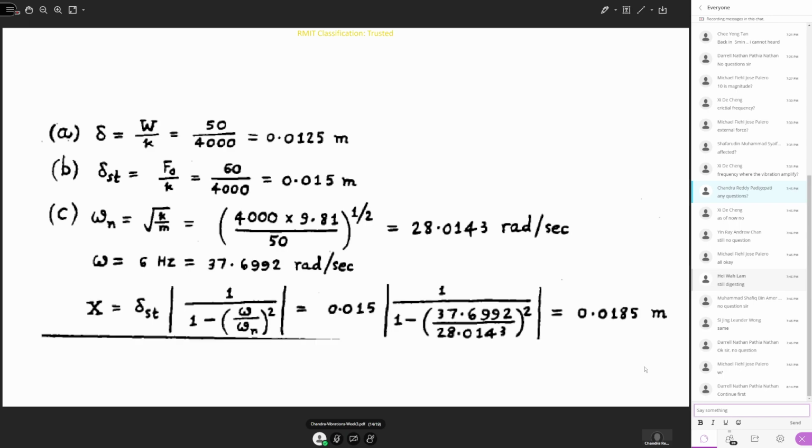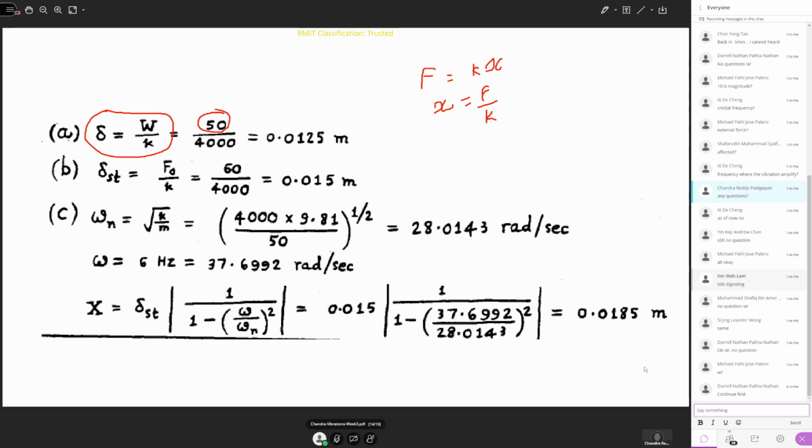The first one is the displacement of the spring. This is force over spring constant. We know that F is equal to Kx, so x is equal to F over K. Here the force is the gravitational force mg, which is 50 newtons, and K is the spring constant.